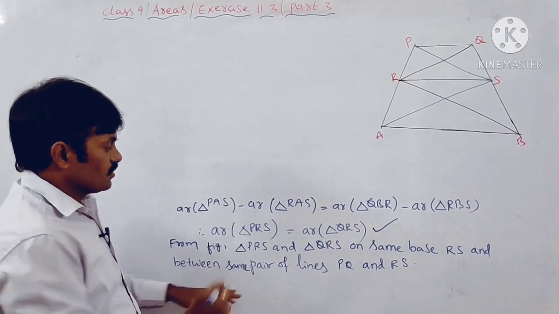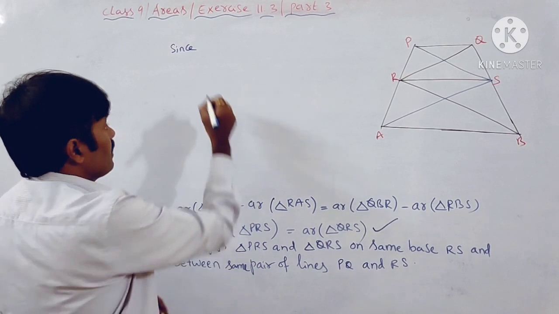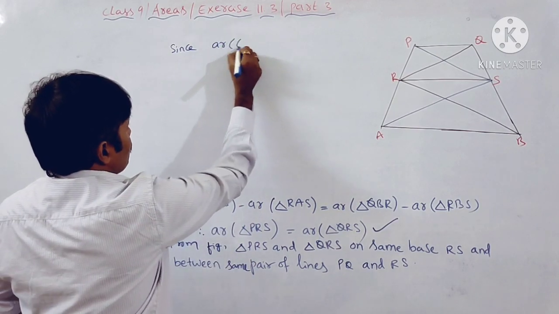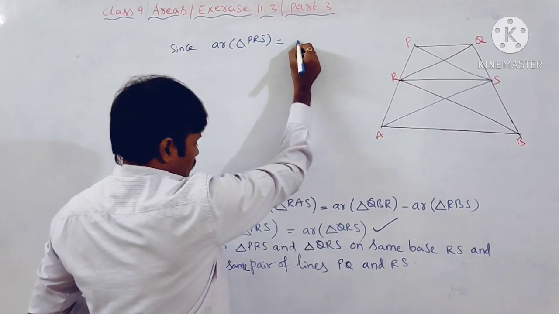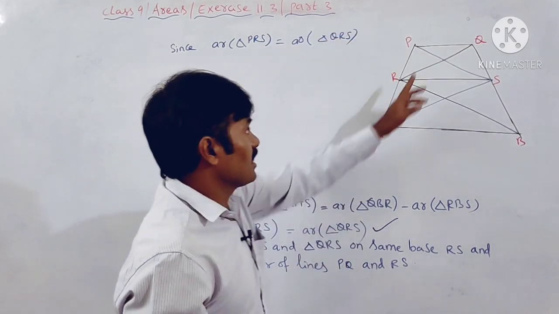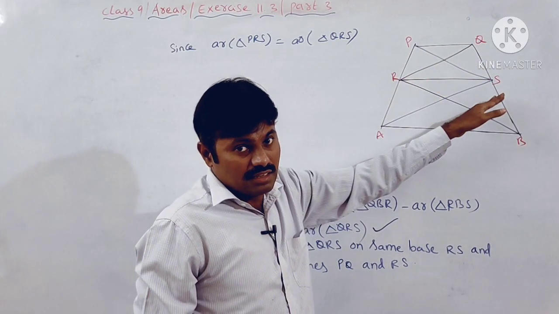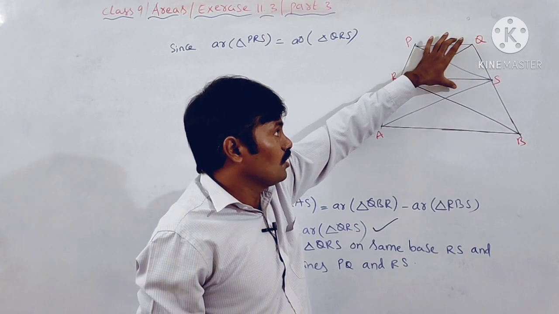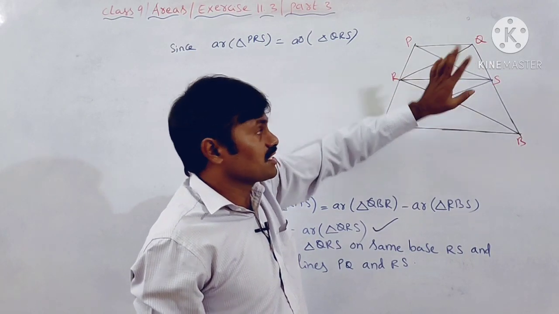And now since the area of triangle PRS is equal to the area of triangle QRS, these areas are equal and they are on the same base and between the same pair of lines. So we can write here PQ is parallel to RS.